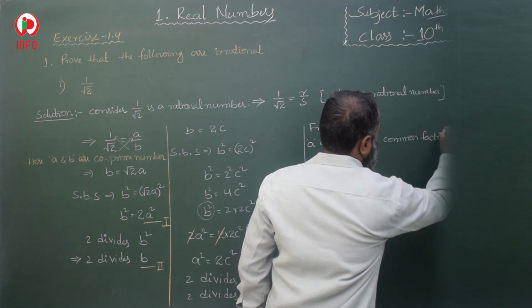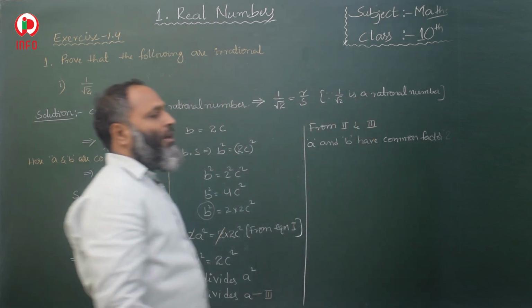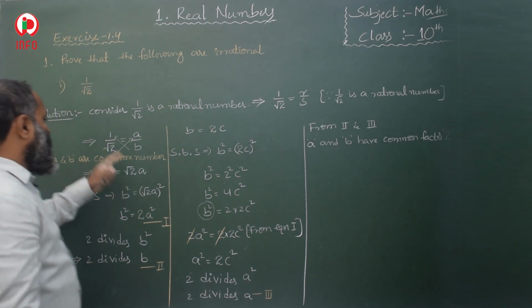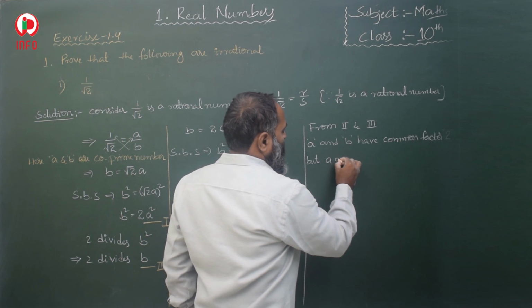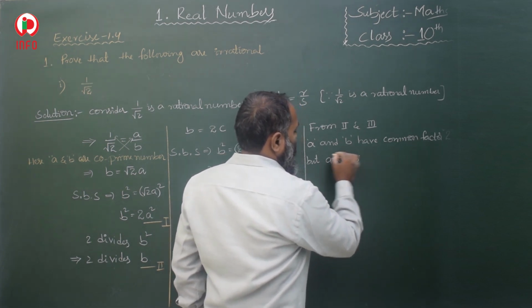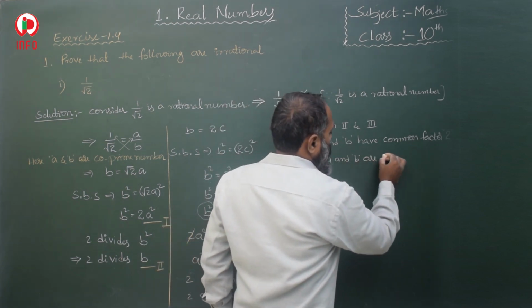A and b have common factor 2. But a and b are co-prime numbers.